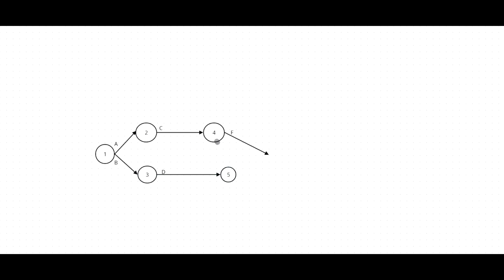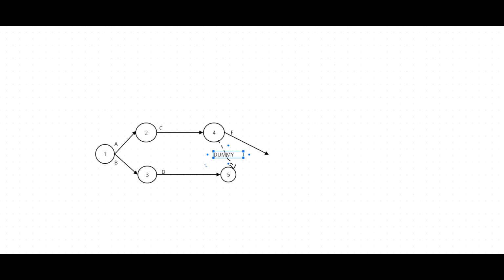The starting point is event number 4, which represents complete C. We call this a dummy. Now the 5th event represents complete C and D both.